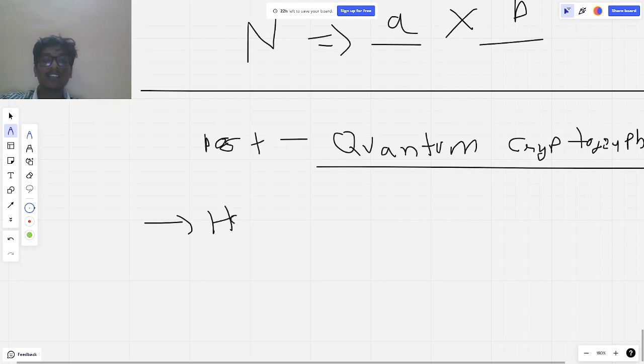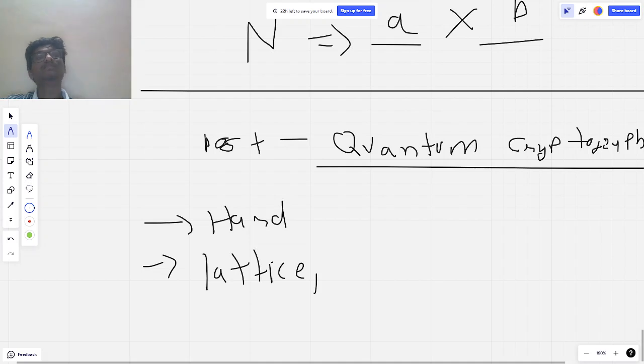So we need to find hard problems which cannot be solved by either normal computers or quantum computers. In recent studies and research, there are some hard problems being looked into, such as the lattice method, hash method, etc. But these are recent developments. We are still looking to update our standards such that in the future we can find these difficult to solve problems and develop post quantum cryptography to defend against Shor's algorithm and these quantum attacks.